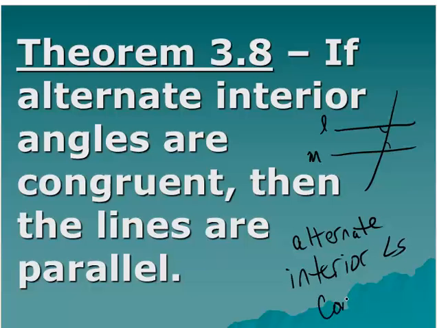It's very important that we use the word converse, because instead of being given that the lines are parallel and making a statement about the angles, we're given that the angles are congruent, and we're making the statement that the lines are parallel. So we're doing the flip-flop, the converse of what we did in 3.3. So, alternate interior angles converse.